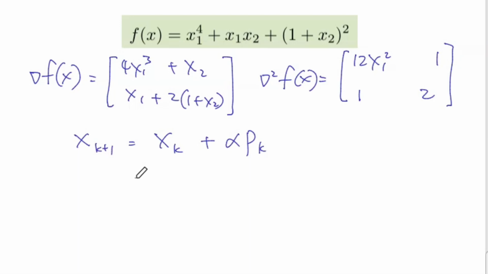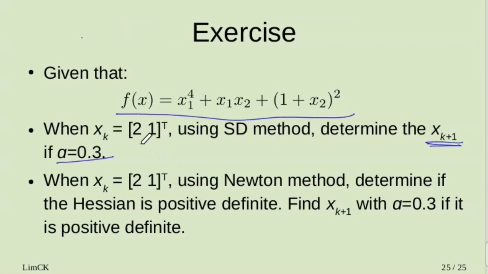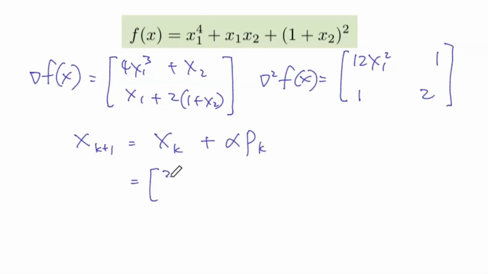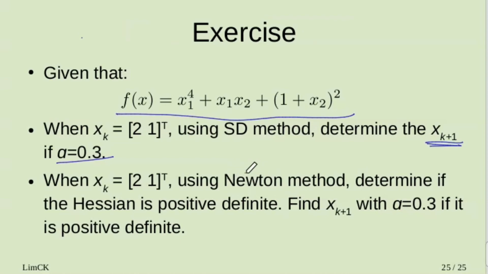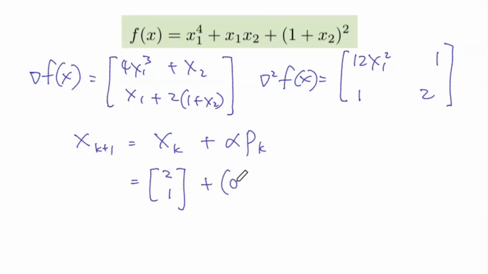Now we know already sk is 2, 1, and alpha is given as 0.3. What's pk? pk is just the negative of the gradient.